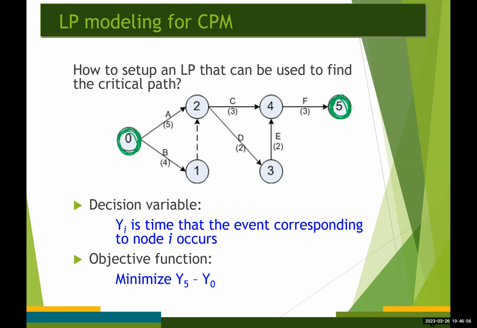If we define variable y sub i as the time that event number i occurs, then our objective function can be represented by minimizing y5 minus y0. Does that make sense?